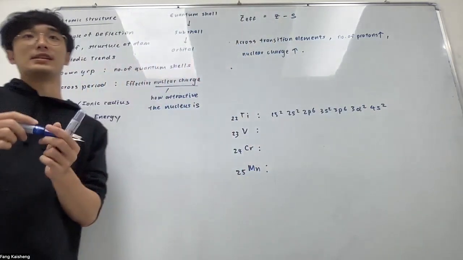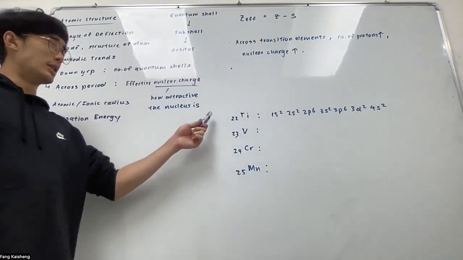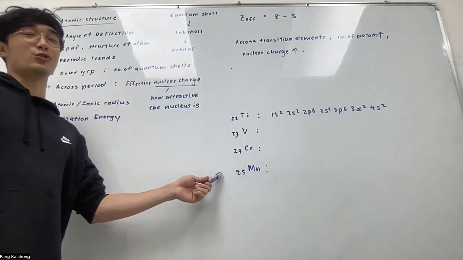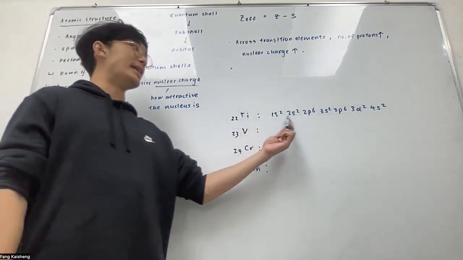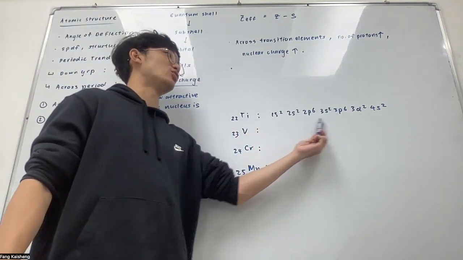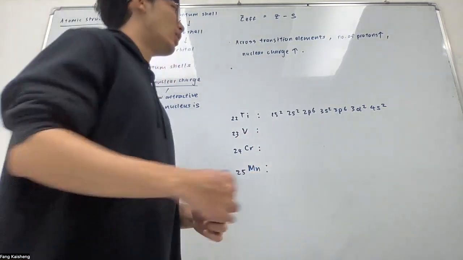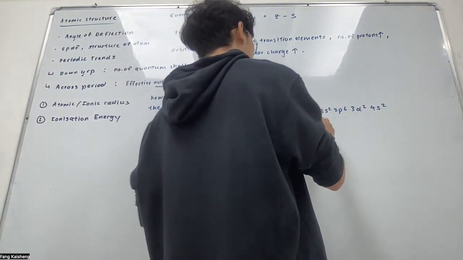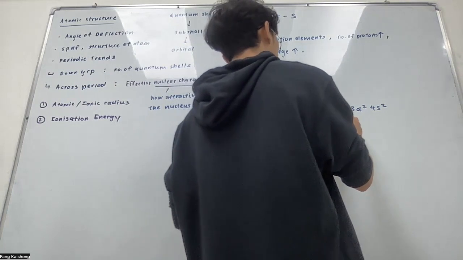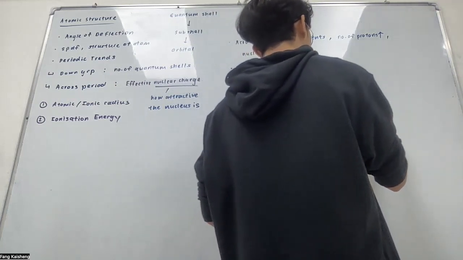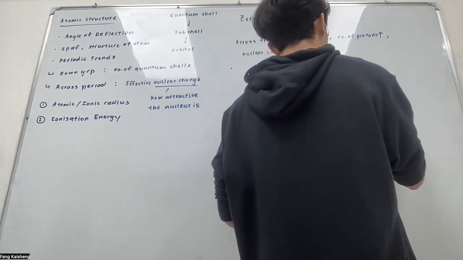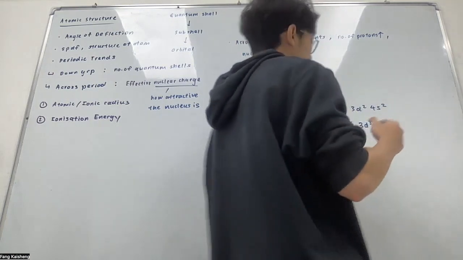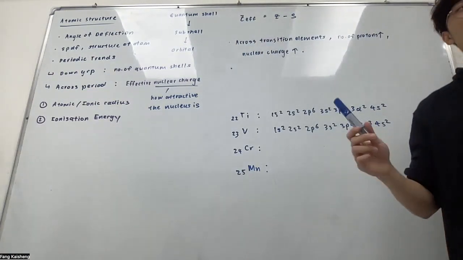Remember the rule first, right? You all notice all these are 22 to 25 electrons. Beyond the 18, so basically the first 18 electrons don't really matter. They are all the same. So we call the rules up.